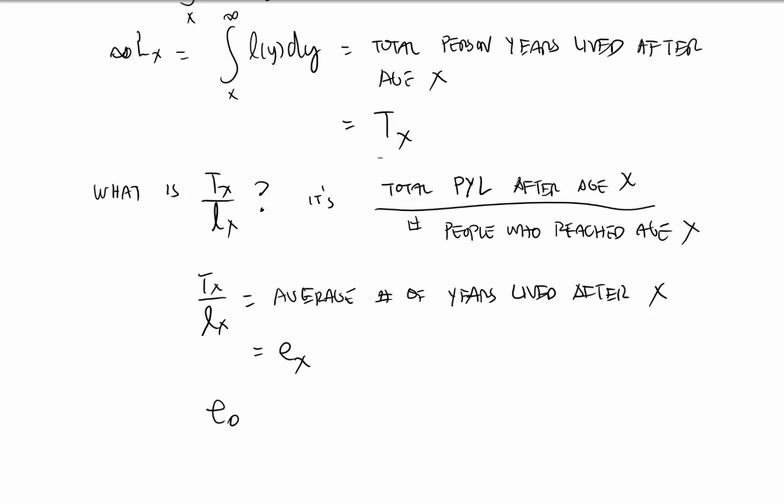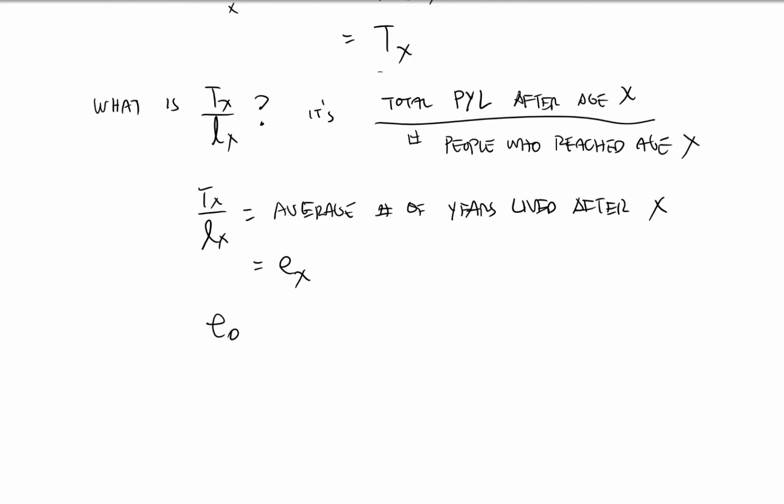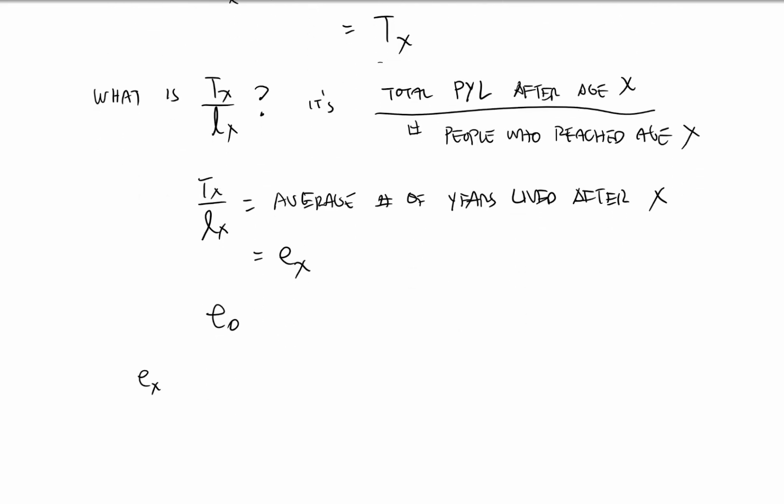It turns out that x plus e sub x is the average age of death for those attaining age x, and x plus e sub x is monotonic. So e sub x is not monotonic. x plus e sub x is monotonic.